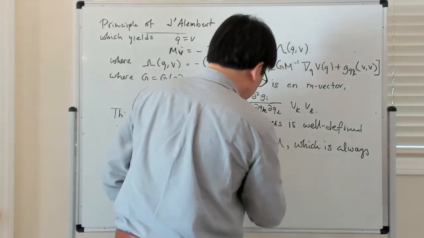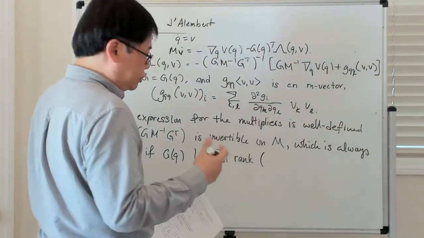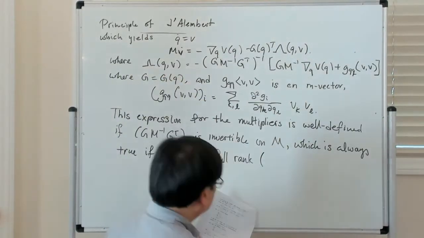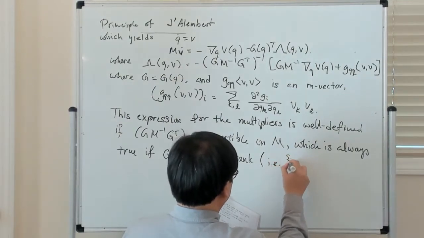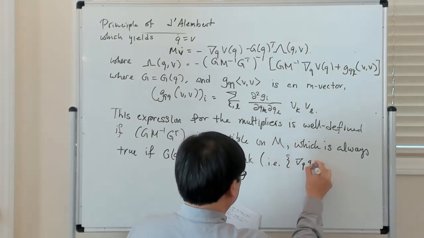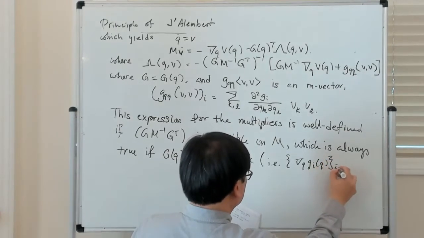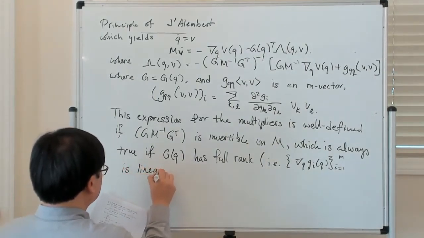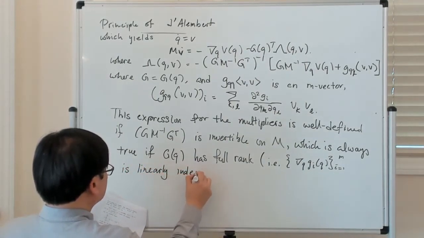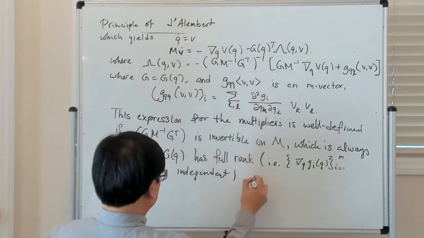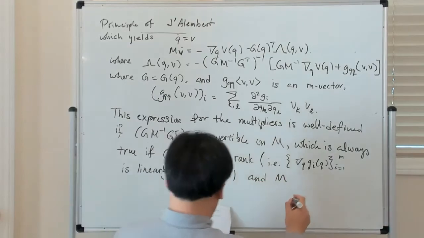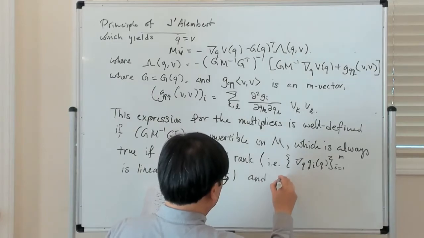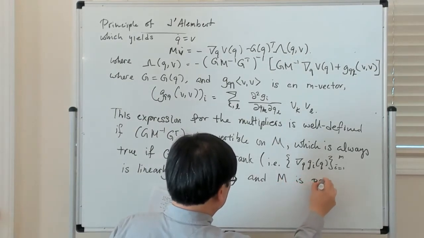That is equivalent to the condition we talked about before, that the gradients of the g i form a linearly independent set, i.e. the set of gradients of g i is linearly independent. And this mass matrix M, not the constraint manifold, is positive definite.